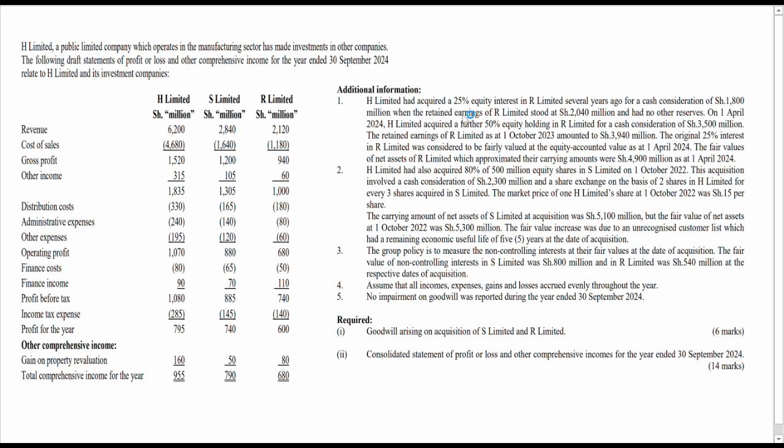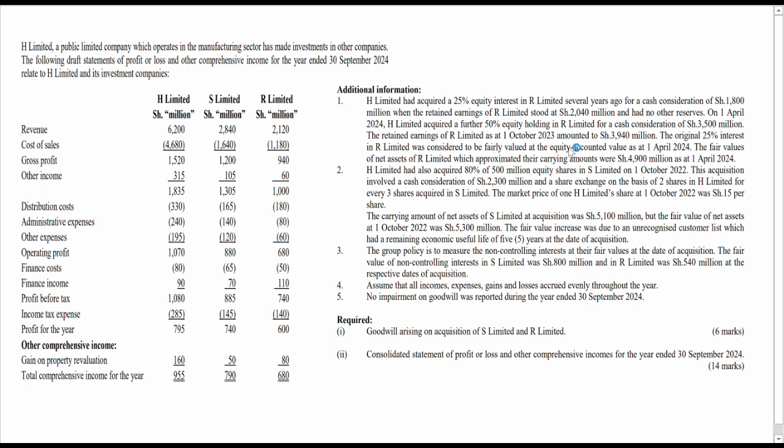H Limited had acquired a 25% equity interest in R Limited several years ago for a cash consideration of 1,800 million, when the retained earnings of R Limited stood at 2,040 million and had no other reserve. On 1st April 2024, H Limited acquired a further 50% equity holding in R Limited for a cash consideration of 3,500 million.